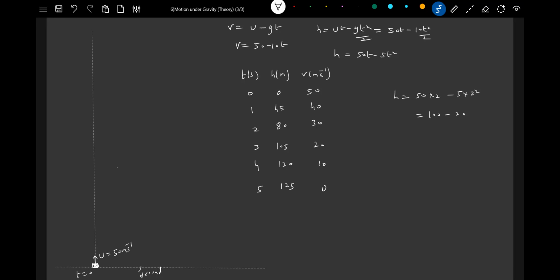So finally, it is going to ascend a maximum height of how much? 125 meters. So first 45 meters. At one second, it will be at a height of 45 meters. Next at t equal 2 seconds, it should be at a height of 80 meters, then 105.